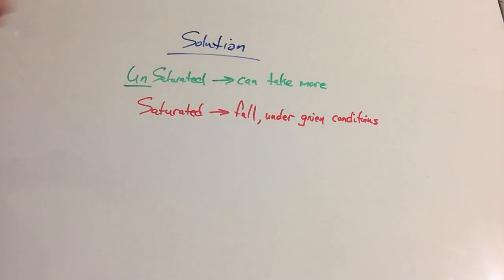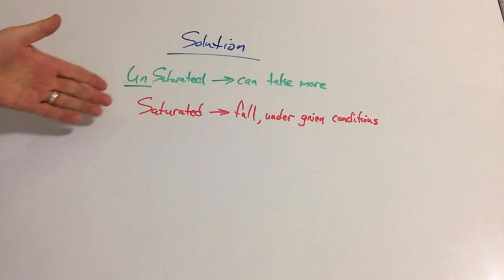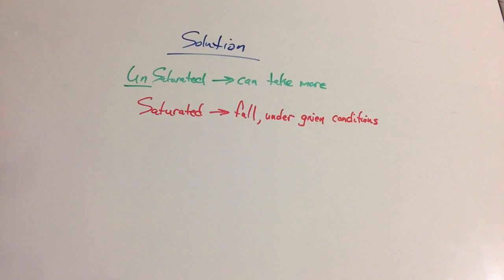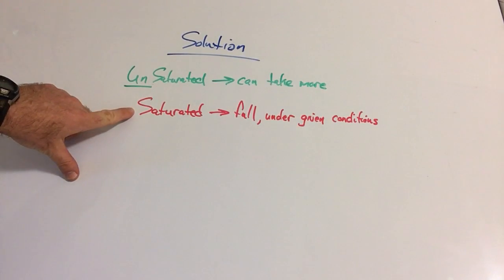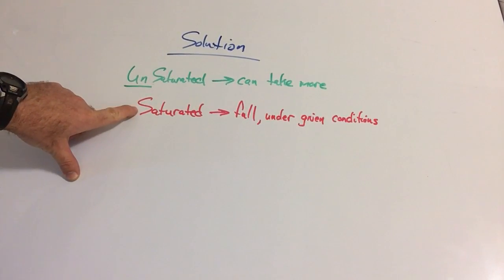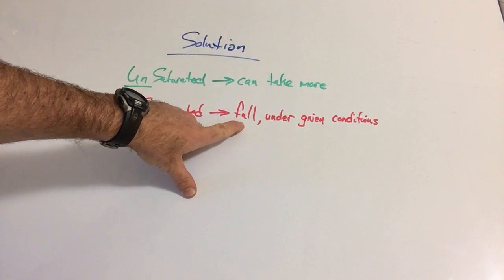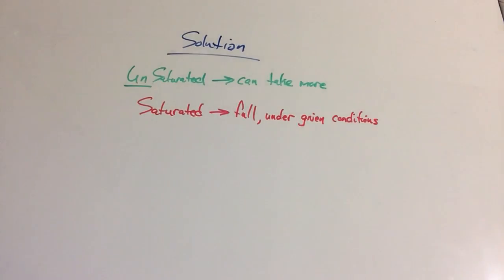You kept adding salt, kept adding salt, and at some point, the salt won't go in anymore. No amount of stirring. You see this a lot with hot chocolate, right? No amount of stirring will get that last disgusting sludge at the bottom into the hot chocolate. And so when you finish your hot chocolate, there's always a little sludge at the bottom because the hot chocolate is saturated. It is full of hot chocolate mix. It can't take any more.